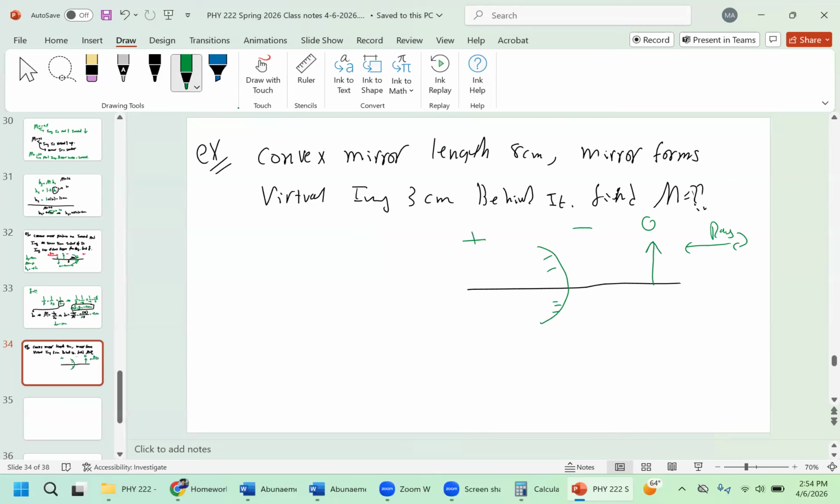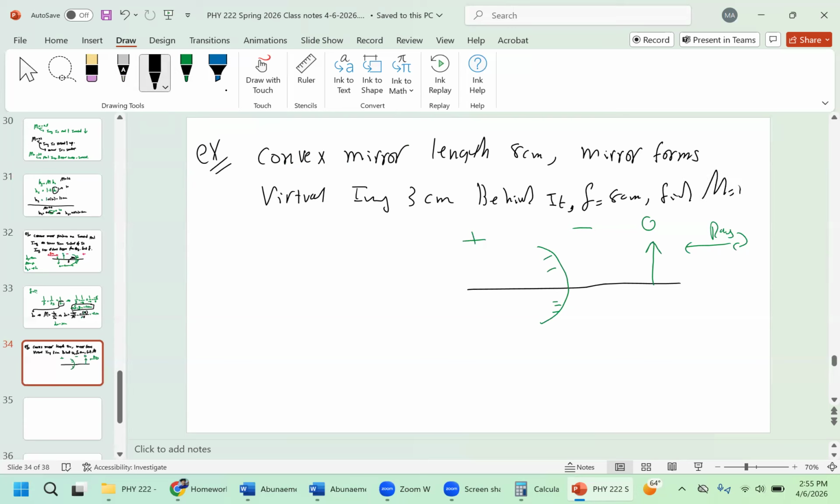This is my negative. I forgot to put F. F is 8 centimeters.